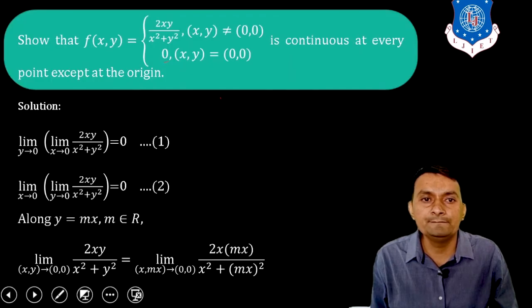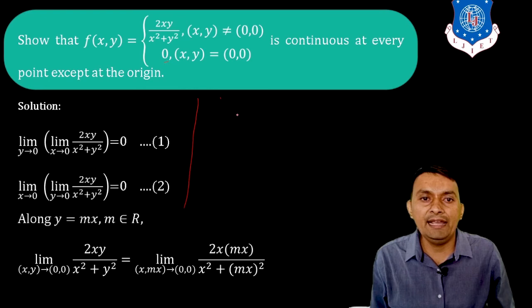But what I am going to tell you is, let me explain here. Suppose x is equal to r cos theta and y is equal to r sin theta.